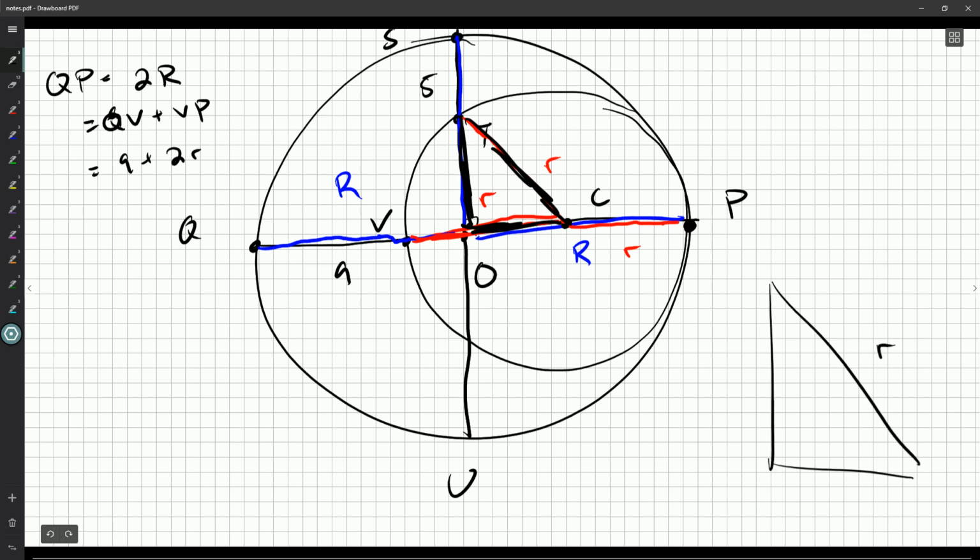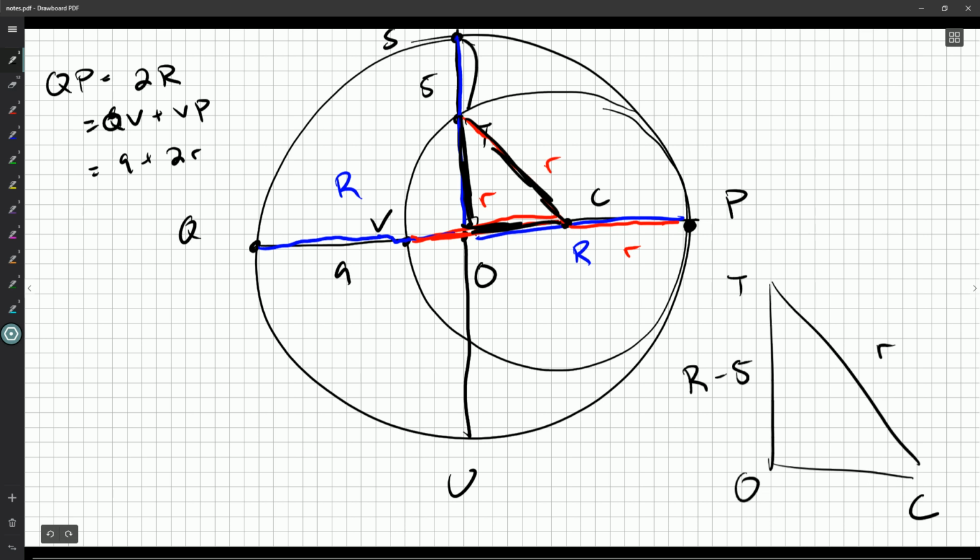That's the little r radius. And then what's left over here, T to O? Well, S to O would be capital R, but we come back a distance of 5, so this is capital R minus 5.